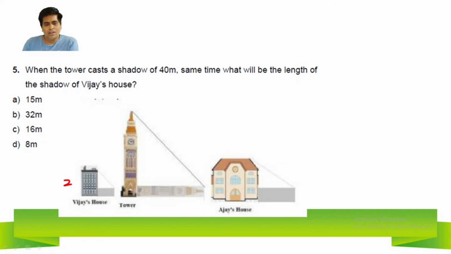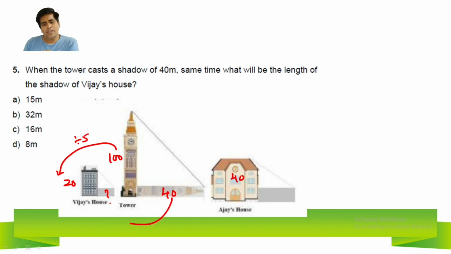Next, last but not least, the fifth question. The height remains the same here. Now he has given the shadow of the tower. This is 40. And he is asking the shadow of Vijay's house, how much? Clearly 100 is reduced to 20, means divided by 5. 100 divided by 5 is clearly 20.